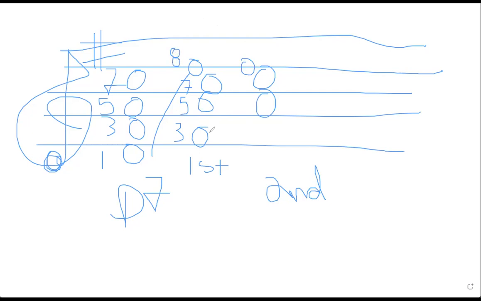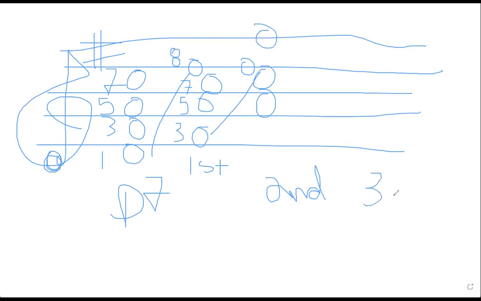So we're bringing the third up an octave. We're bringing that F to an octave. So we're now looking up here. That's an E, I'm sorry. There we go. That's what it should look like. So that's second inversion.